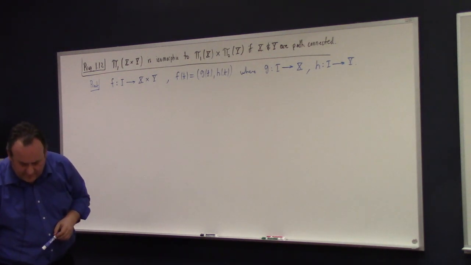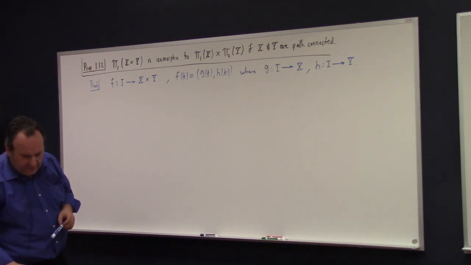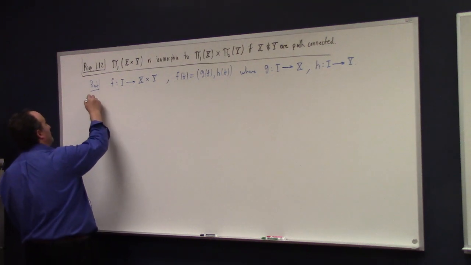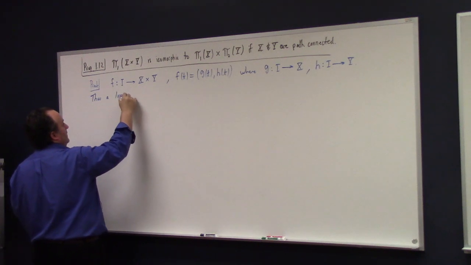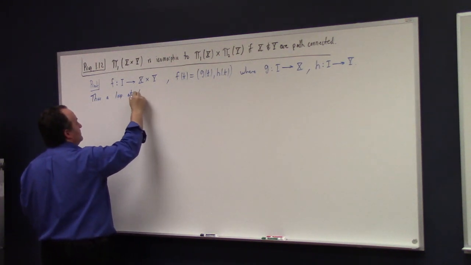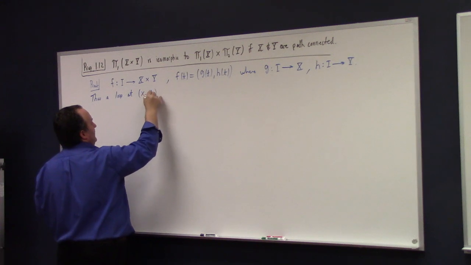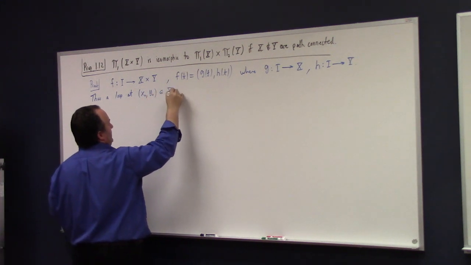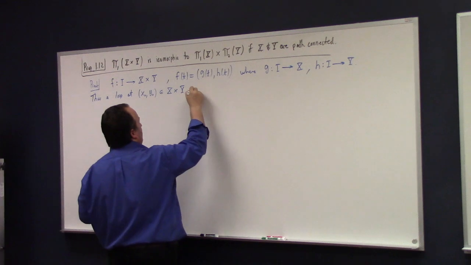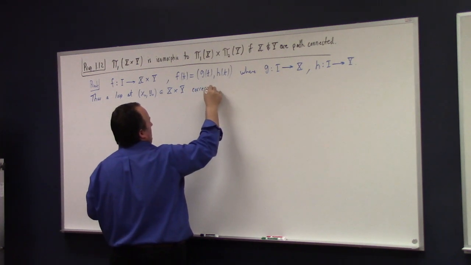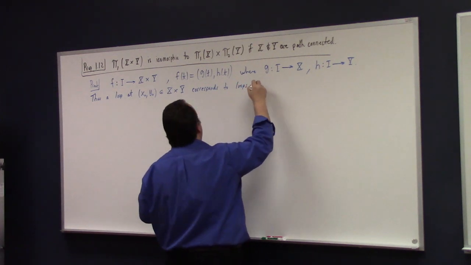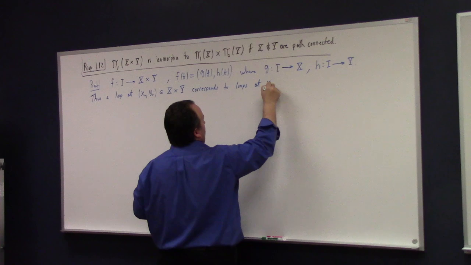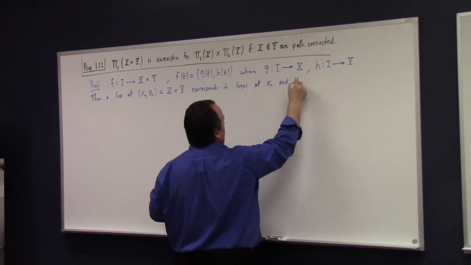So what that means is that he says a loop at x naught, y naught in X cross Y corresponds to a loop at x naught and a loop at y naught, right?